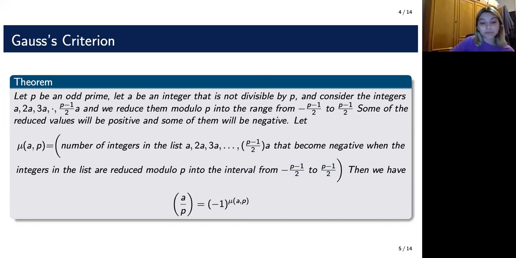We will call the number of negative ones mu(A, P). We just take the negative ones. Then we have this relation. We will not prove this theorem because of the time duration, but we will accept the result to prove the reciprocity law.